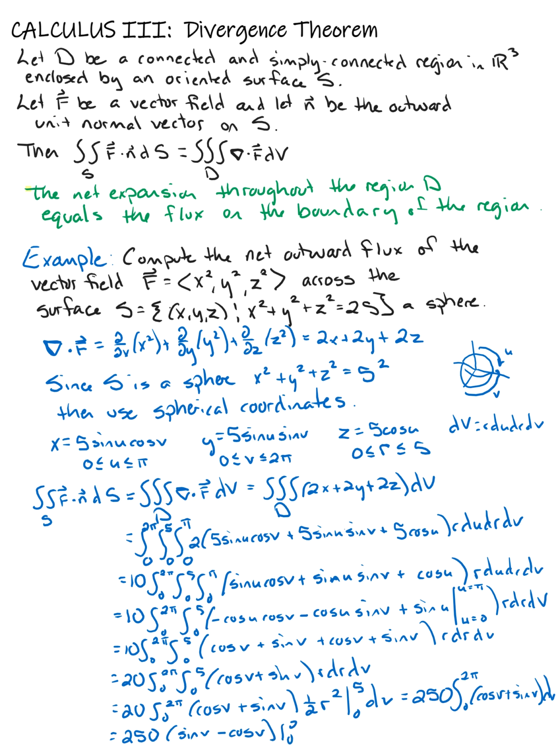Evaluate that from 0 to 2 pi. What is that? 250 times 0 minus 1 minus 0 minus a negative 1. Oh, well, look at that. That's 250 times 0, which is just 0.